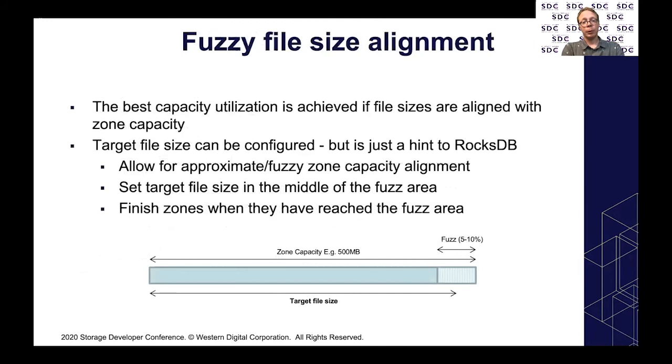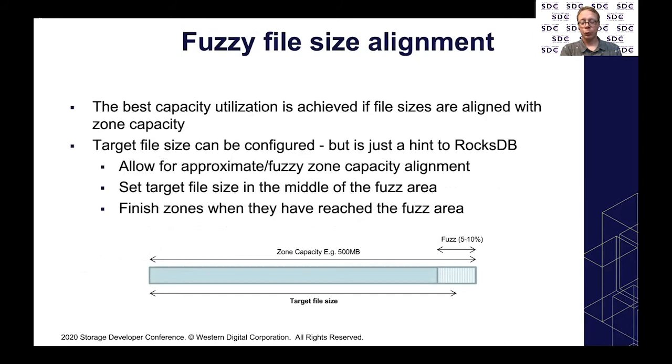We also do something called fuzzy file size alignment. The best capacity utilization is achieved if file sizes are aligned with zone capacity.